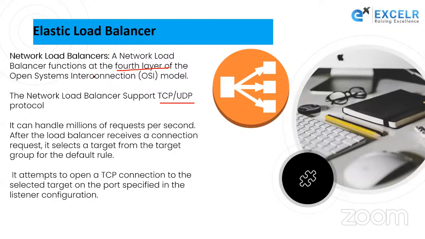Now, this network load balancer is useful when you have millions of requests hitting your load balancer per second, and it will be able to support your millions of requests. That is the beauty of the network load balancer. So remember one thing, it operates at layer 4, it supports TCP/UDP, and it supports millions of requests. It will be able to move your data from a particular endpoint to your target, which are sitting behind the network load balancer.